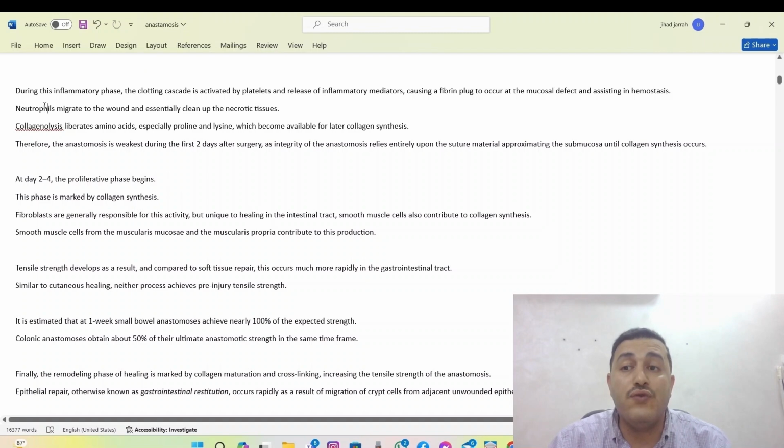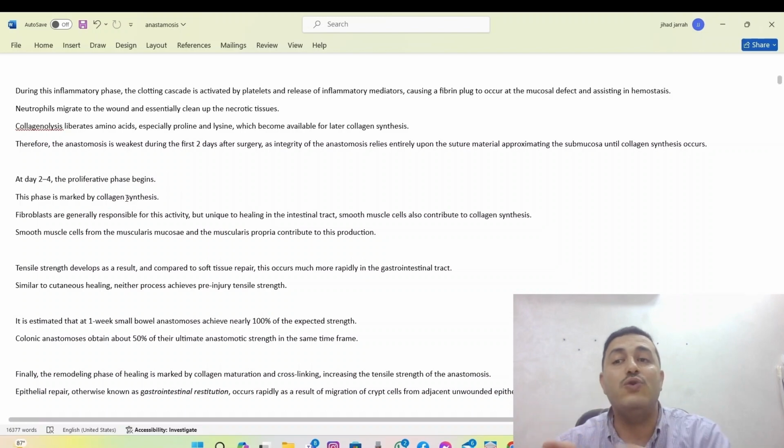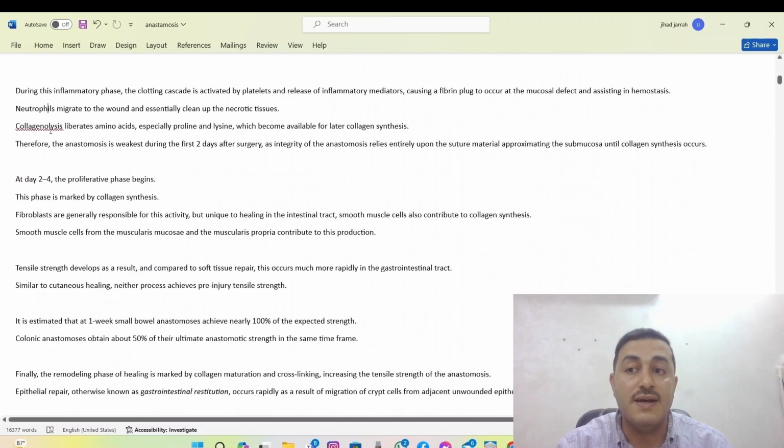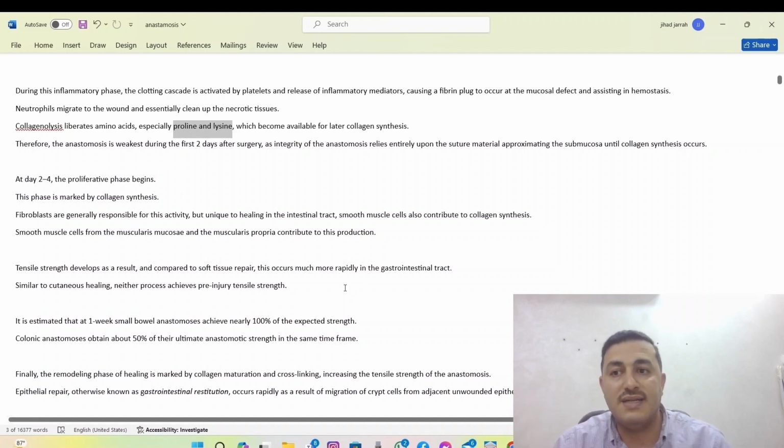What happens also in the inflammatory phase? We know that the neutrophil is the predominant cell in the inflammatory phase, and neutrophils are responsible for cleaning the wound of necrotic tissue. What happens especially in the bowel in the inflammatory phase? The collagenolysis, which we talked about, the destruction of collagen. The collagenolysis actually destroys the amino acids, especially proline and lysine, and these are responsible for collagen synthesis and so the tensile strength.